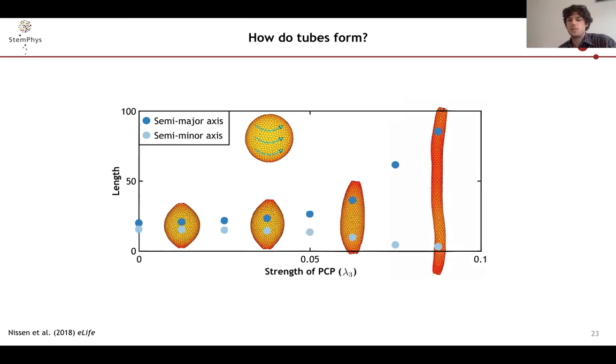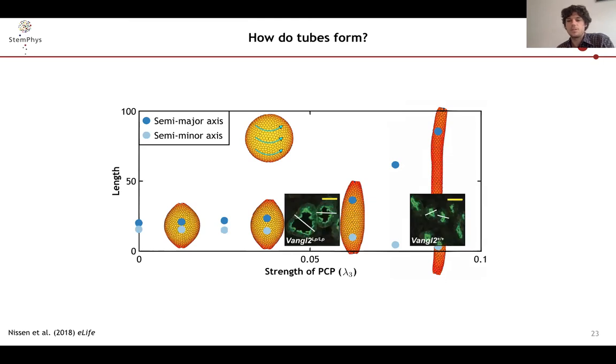So what I show you in this diagram is the length and the width of the tubes at different degrees of planar cell polarity. And that takes us back to the experiments that I told you about from the renal tubes, that the wild type gave very thin tubes, whereas the PCP mutant gave rise to thicker tubes.